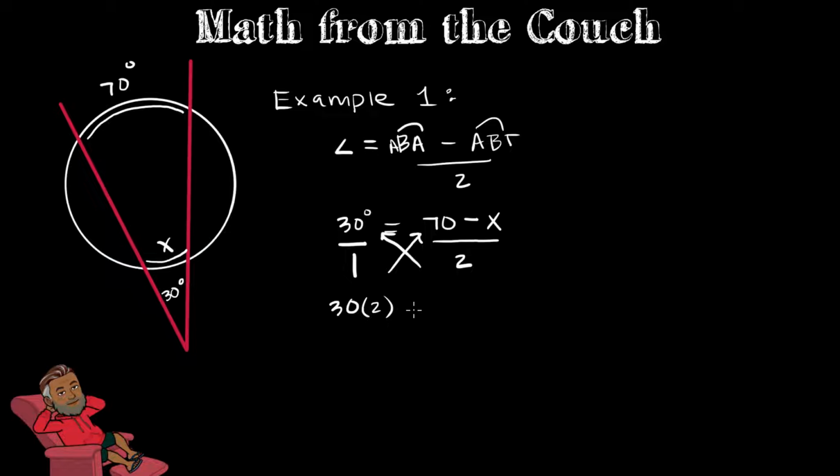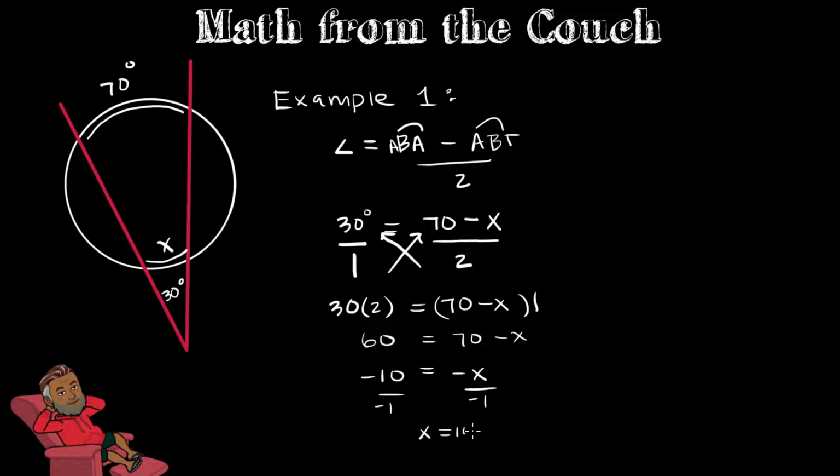So 30 times 2 is equal to the 70 minus x times 1. So we have 60 is equal to 70 minus x. Subtract the 70 from both sides, and we get negative 10 is equal to negative x, and divide both sides by negative 1. And we have x is equal to 10. So this is a 10-degree angle here.